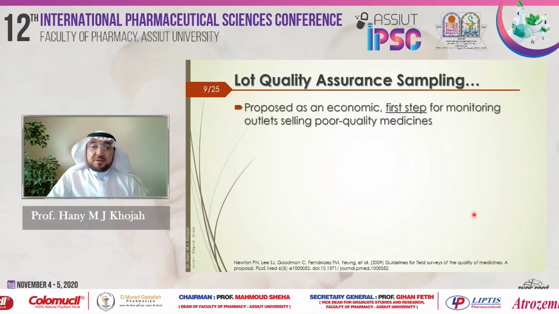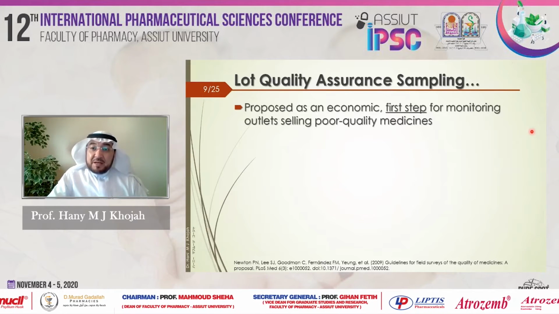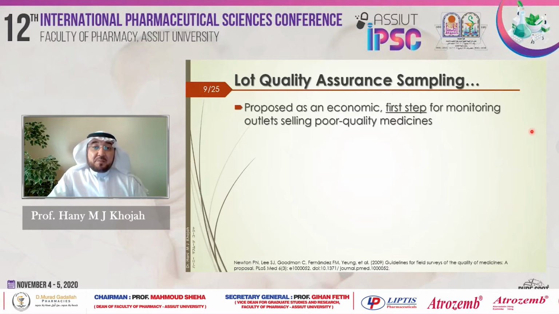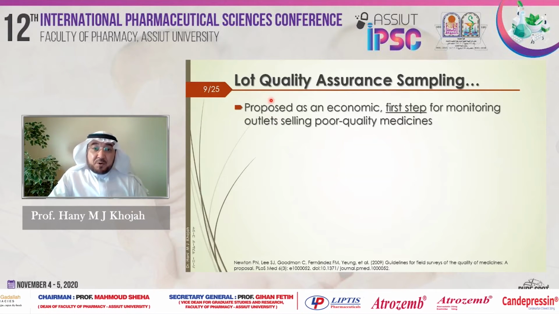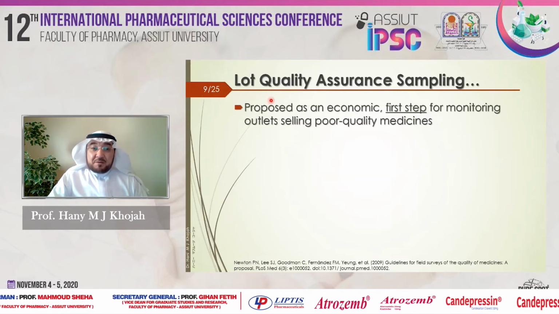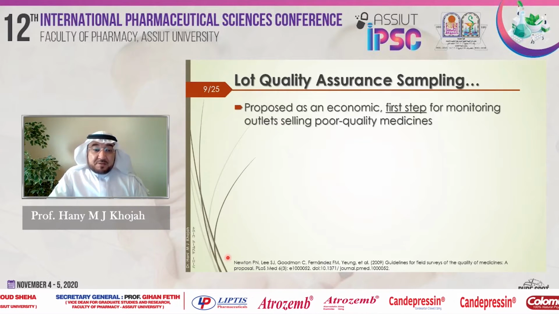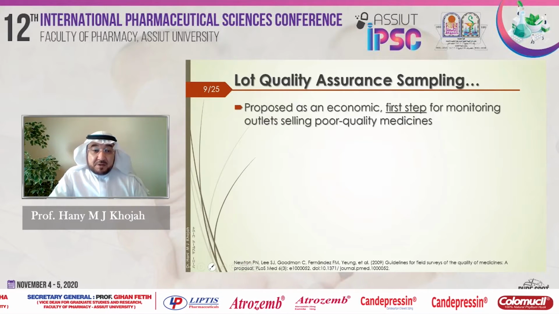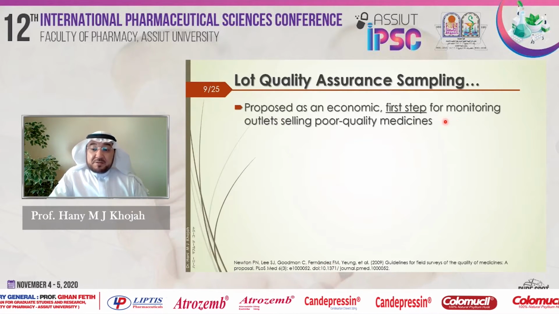But before that, I wanted again to talk briefly about the sampling method. This sampling method was proposed as an economic first step for monitoring outlets selling poor quality medicine. This was suggested by Professor Newton, as we see here. The bottom line is the reference.